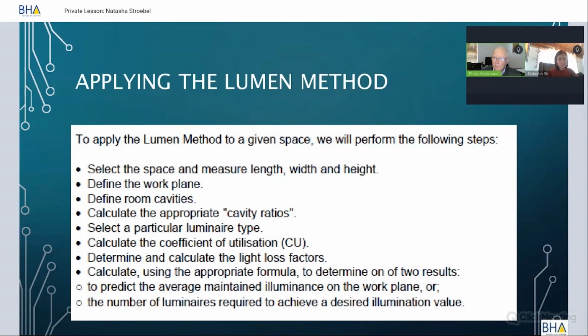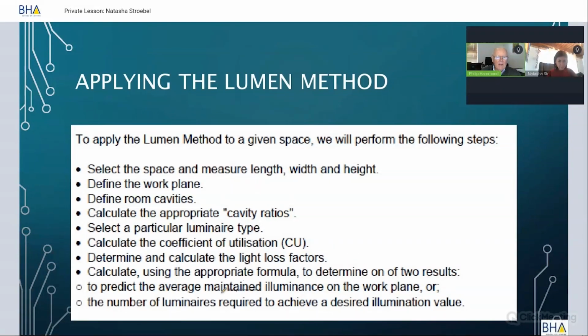If we know what light fittings we're going to be using, because we've made our selection, it says here, select a particular luminaire type. So we select it, then we're able to calculate what our ceiling cavity is. And once we know all of those, we're then able to calculate what the room cavity ratio is. And after that, we can calculate the coefficient of utilization.